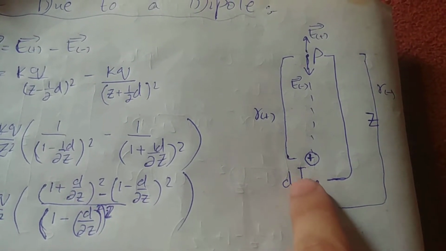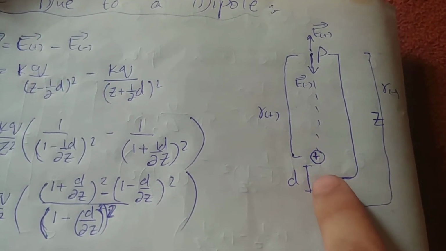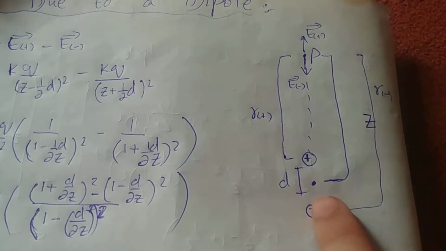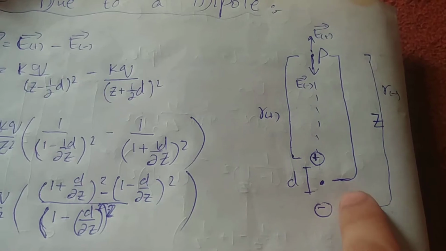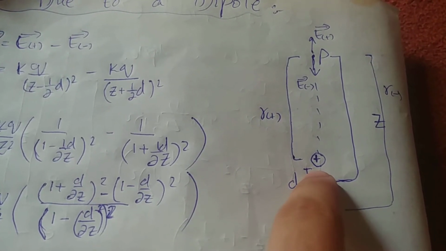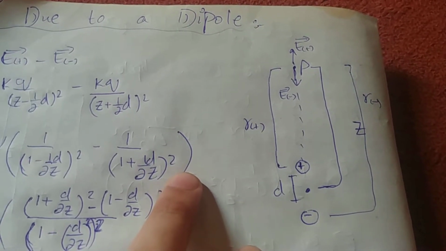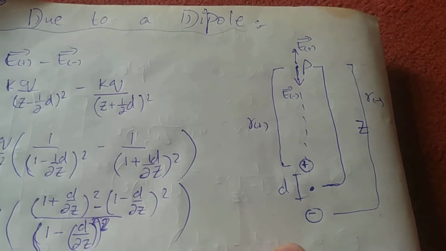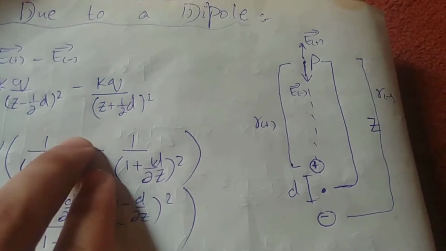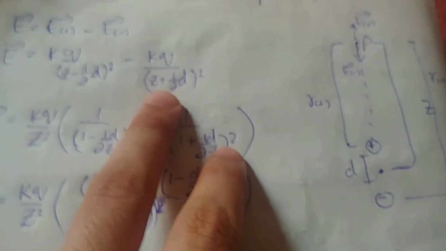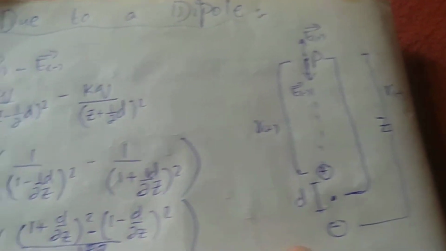You notice that when we add half d to z, that's the distance between the positive charge and the point P. And similarly for the negative charge. I said it for this one right here, but anyhow, you get the point.